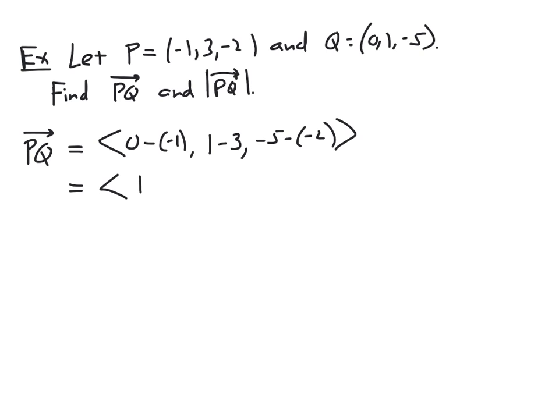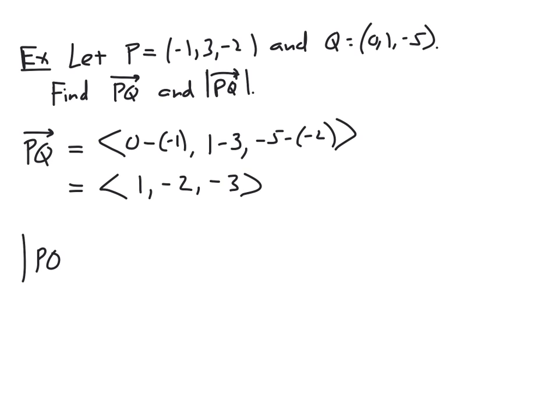So we have 1, -2, and -3. So PQ is the vector 1, -2, -3. That's the component form for vector PQ. Right? So if we were representing this as an arrow in the plane, we would start the arrow at the origin, and the arrow would end at the point 1, -2, -3.